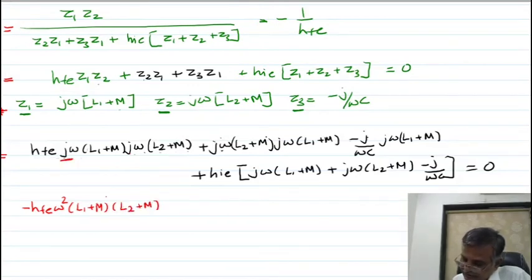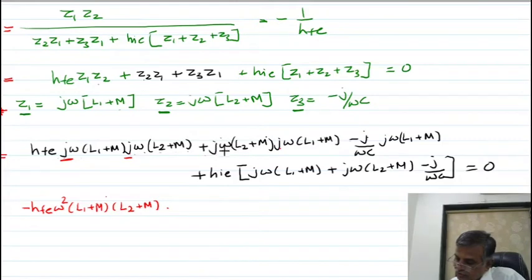See here, this j into j square, and you know j square is equal to minus 1. So that's why I have written this step. j into j square, so it is minus. So I should write a minus sign here.